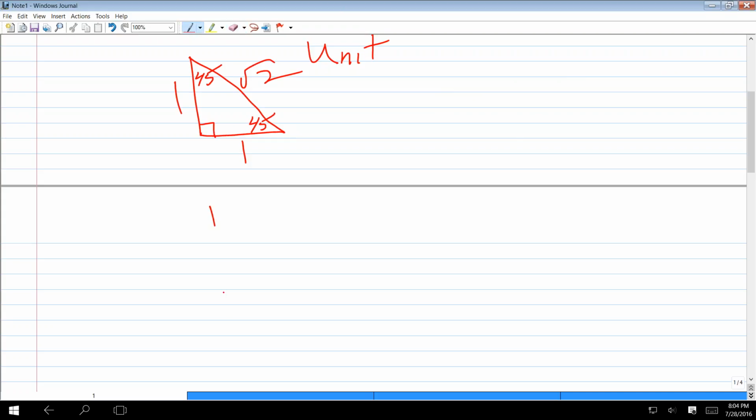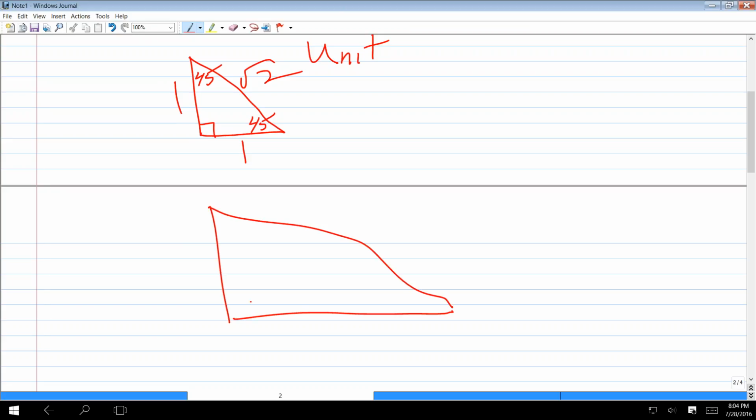Okay? So, if I gave you a similar triangle that was also 45, 45, 90, but this was square root of 7, what's x and y? Excuse me, it's supposed to be a 7. Sorry, I was looking at 2 when I wrote it. Then it would be the similarity ratio.